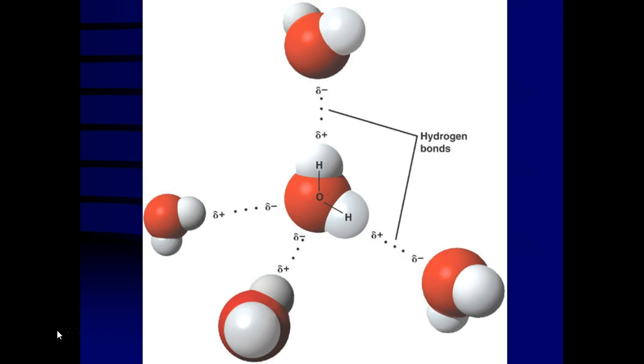As you can see, because a water molecule has 2 positive ends and 2 negative ends, it can form hydrogen bonds between them. So you can see a hydrogen end bonding to an oxygen end. You can see an oxygen end bonding to a hydrogen end. So water molecules can bond with 4 other water molecules at the same time.